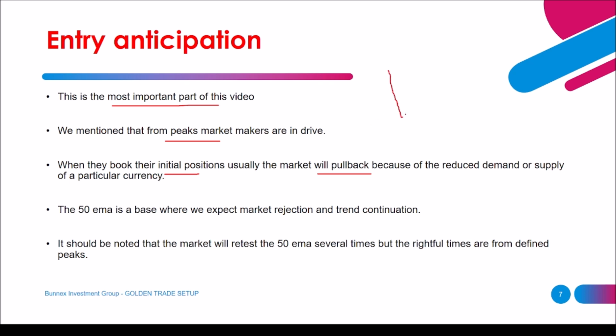So after we come from a peak, the market makers will be in drive. They will be having open positions, and with that they will be increasing, in this case, the demand of the best currency, right? So after they close or book some of their positions, we would see the market pulling back.